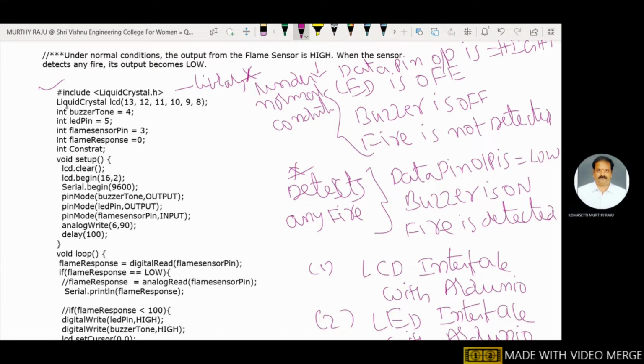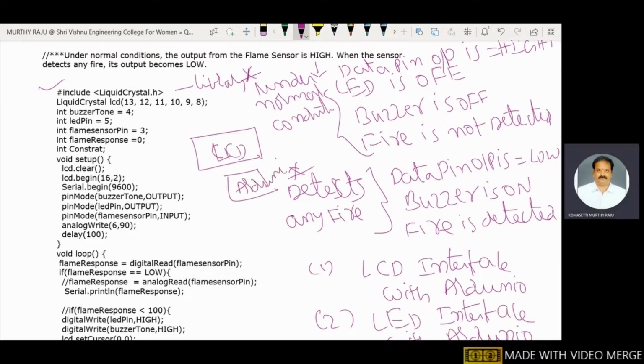Next, we have to make connections between the LCD and the Arduino board. We have to make connections between these two. The LCD has 16 pins.